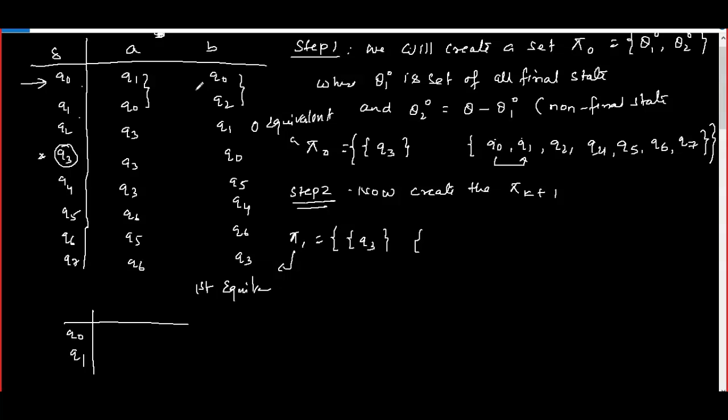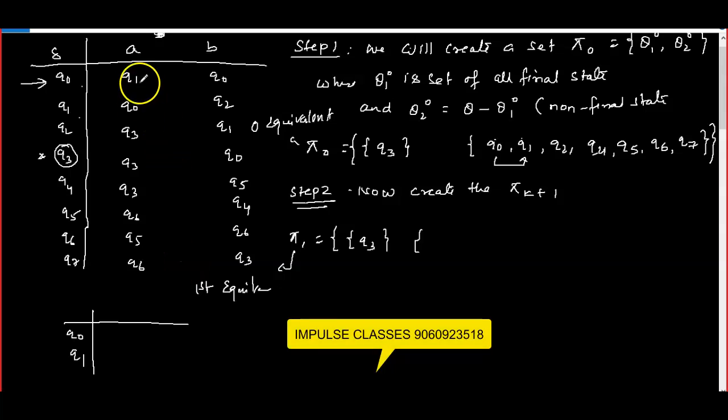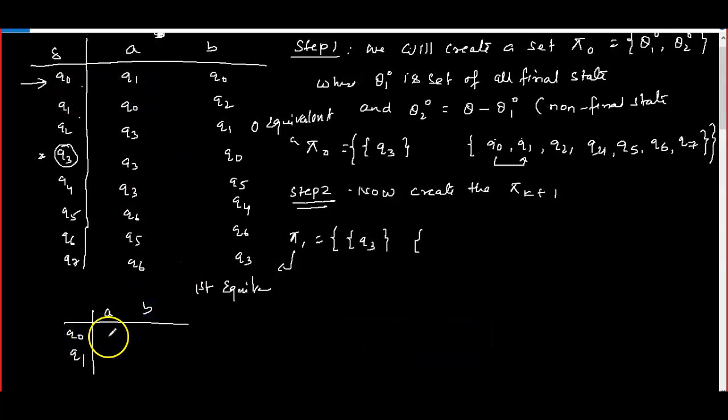Getting here? So let's take the first one, Q0 and Q1. I will write A and B. Q0 on A is going to Q1, and on B, Q0 goes to Q2. Q1 and Q2 check whether they lie on the same set.